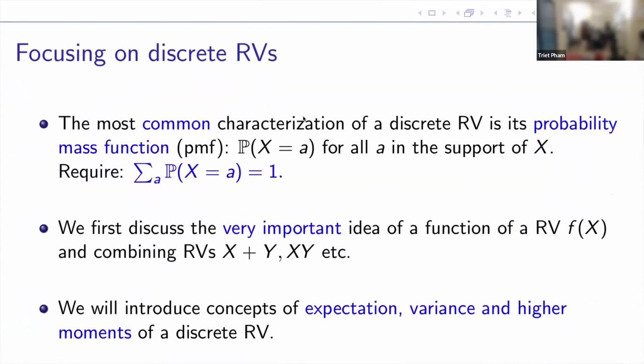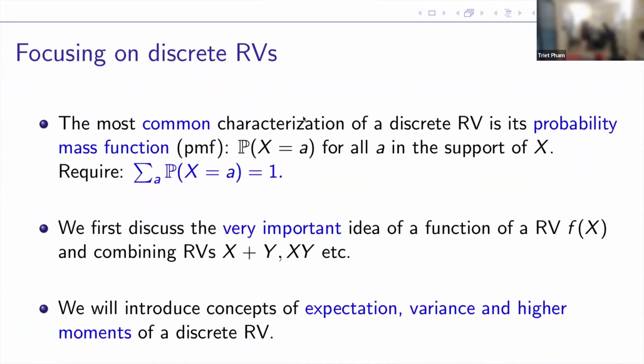So now, after a general introduction to random variables, now we will focus on particular families of random variables. Namely, we'll focus on the discrete ones first and the continuous ones after that. So now we'll focus on discrete random variables. What do we want to know?